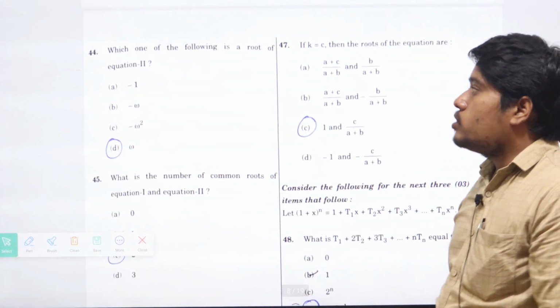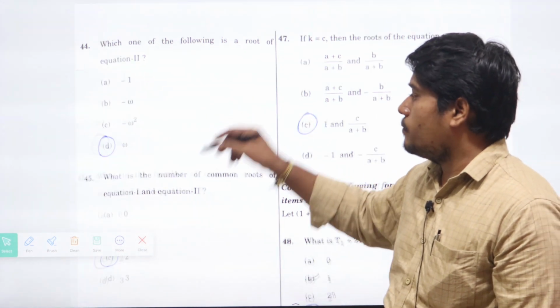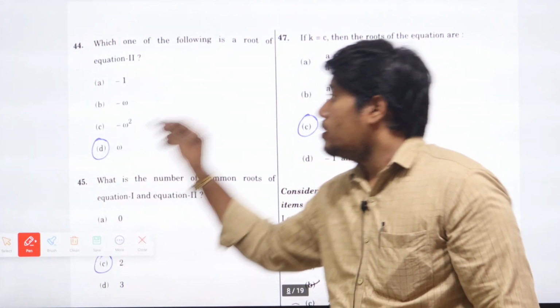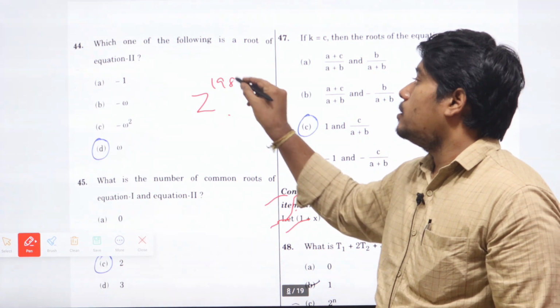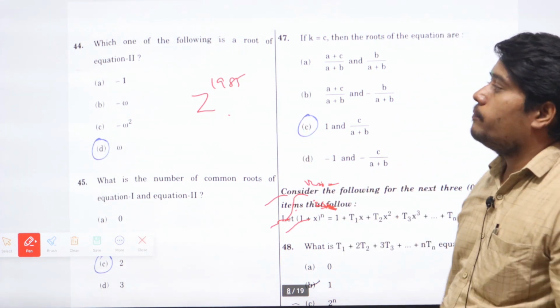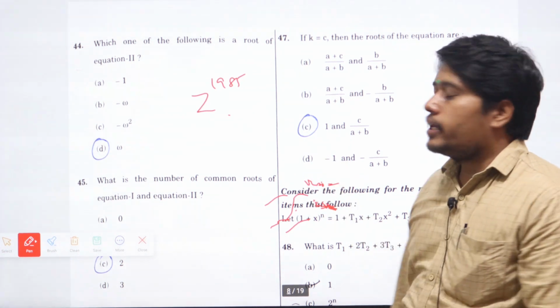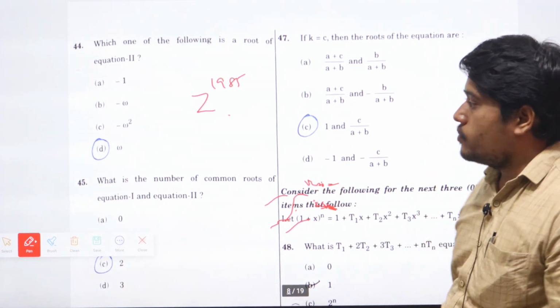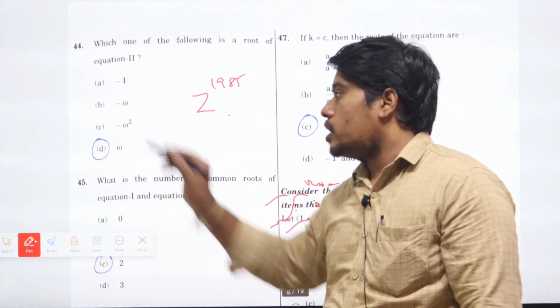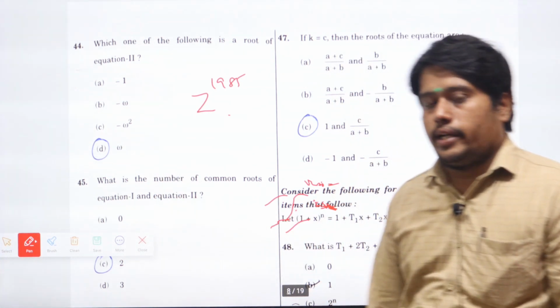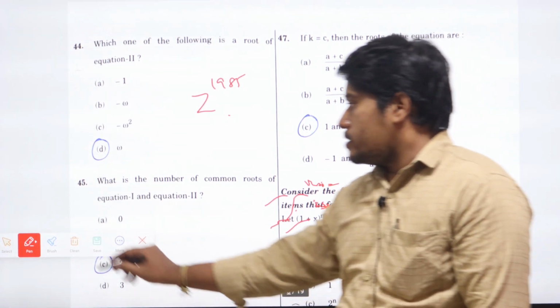You can sort out z to the power of 1985. Everything which is divisible by 4, we get the remainder. So that is the root of the equation. Finally, we have to sort out that omega will be the right answer. Option D will be the right answer.